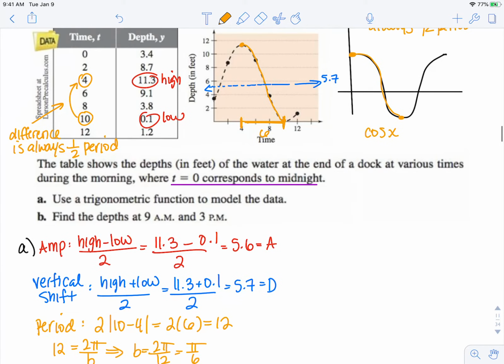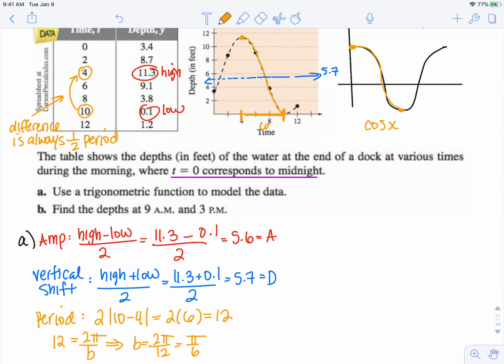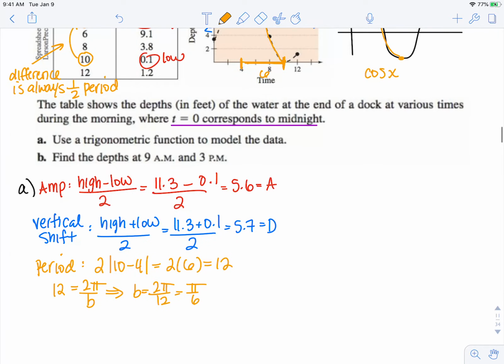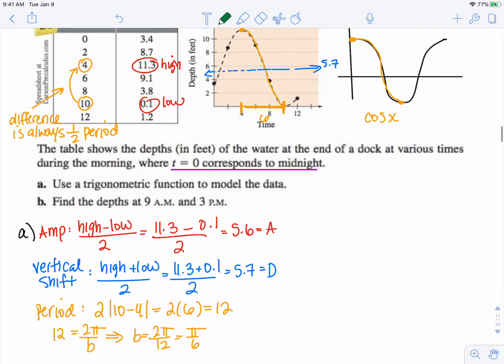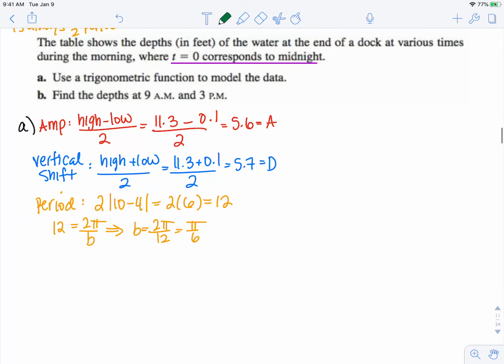Now, where I start here at my highest value, that shows me that I am shifting right 4 units. So that tells us that C equals 4.